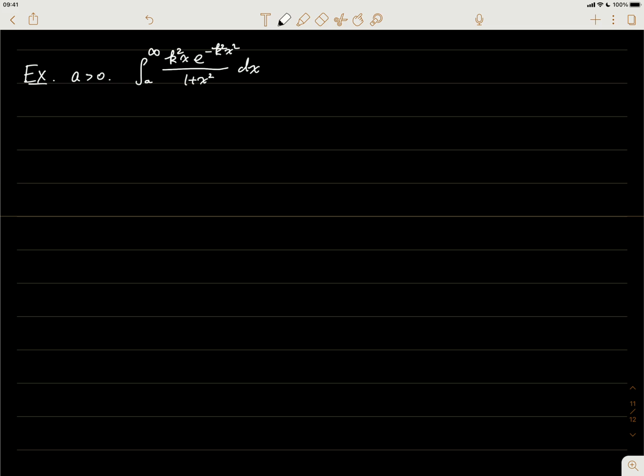The question is, can we show that this integral converges to 0 as k goes to infinity? Okay, so this is what we want to prove.